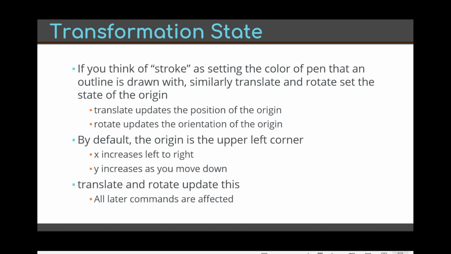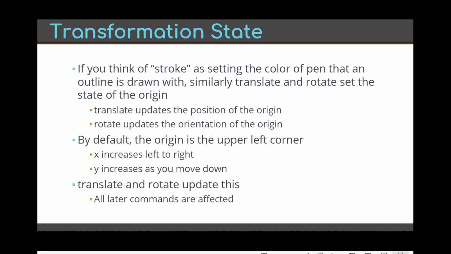So translate updates the position of the origin. Rotation updates the orientation of it. Like if you have your graph paper and you turn your graph paper, that's the same thing as rotating the origin. It's the same as using the rotate command. Now, like we said, the default origin is in the upper left corner, 0, 0. X increases to the right, Y increases as you move down.